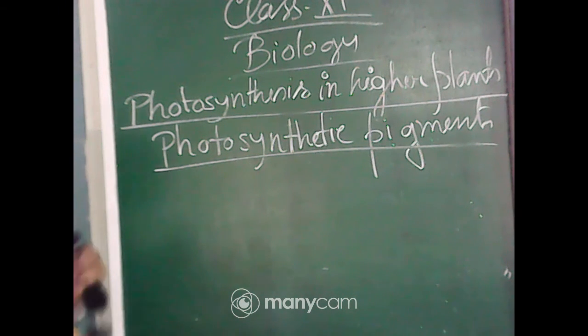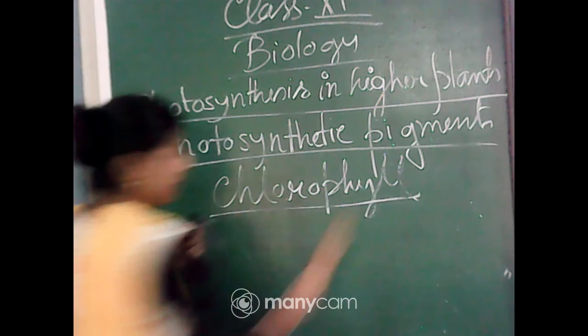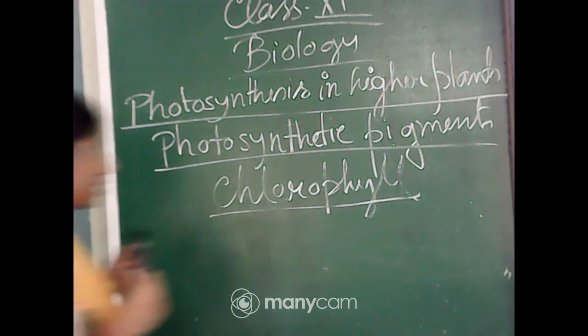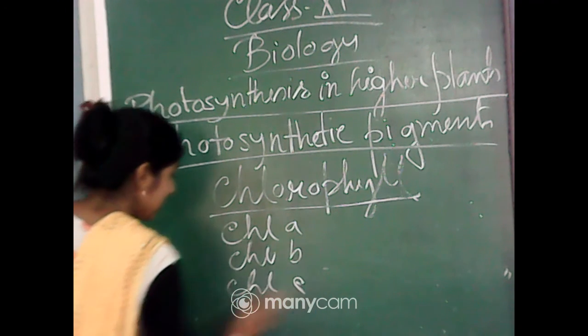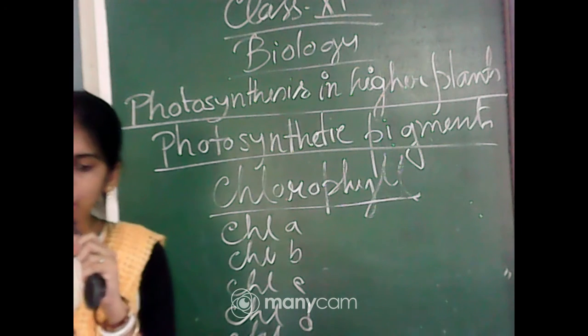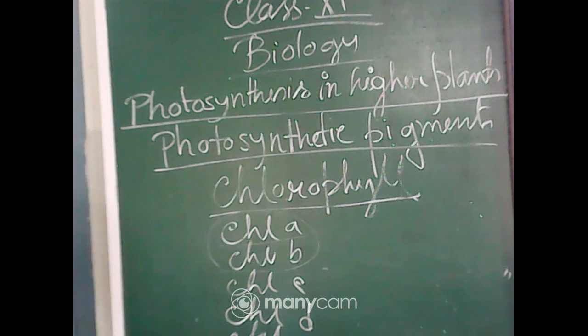The main photosynthetic pigment is chlorophyll, and this chlorophyll is of different types: chlorophyll A, chlorophyll B, chlorophyll C, chlorophyll D, chlorophyll E, bacteriochlorophyll and bacterioviridin.